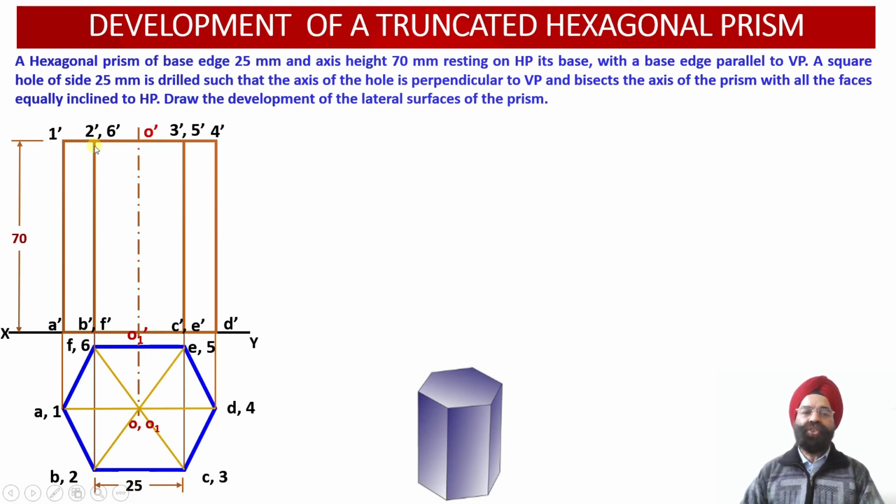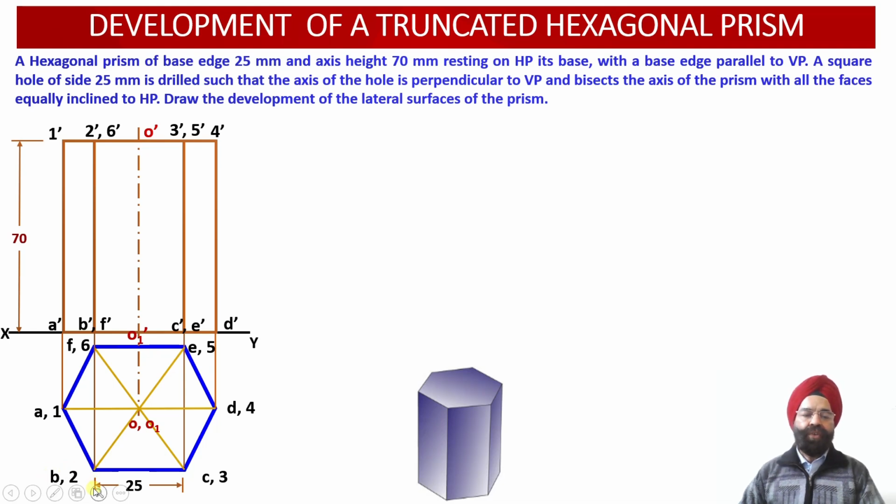But these edges should have been obtained as 6 dash F dash and 5 dash E dash as hidden line projections in the front view. But we are not able to observe any hidden line projections corresponding to 6 dash F dash and 5 dash E dash over here. Why? Because the vertical edge 6F has been overlapped by the vertical edge 2B in the front view.